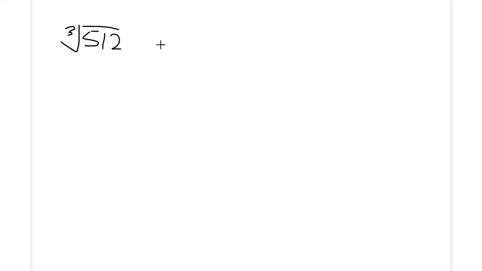So how do you approach this? You can approach it by using prime factorization. If you haven't seen the previous video on prime factorization, I think you should see it in order to have a better idea of what I'm doing here.